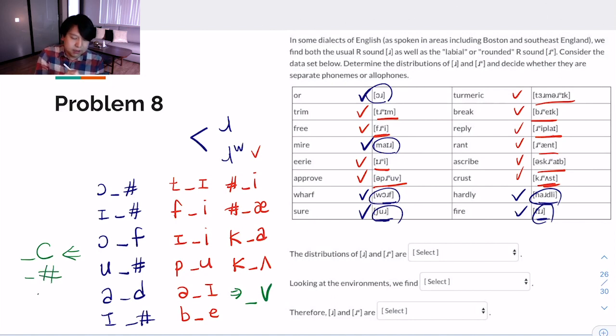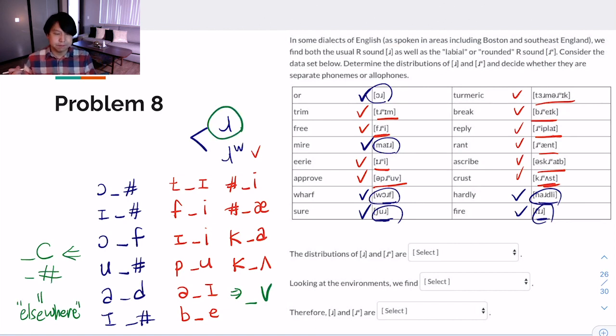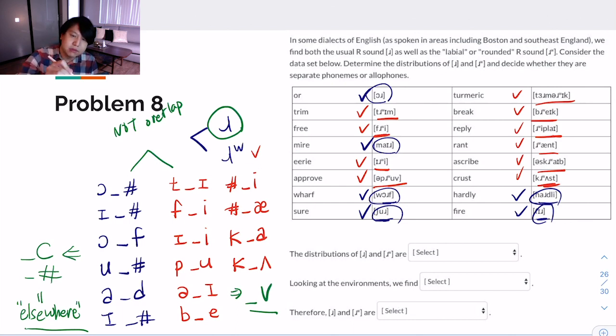Which means they can be summarized into an elsewhere environment. Therefore, we can say that these two lists of environments do not overlap, and there is a certain rule that determines which allophone comes out. So they are in complementary distribution.